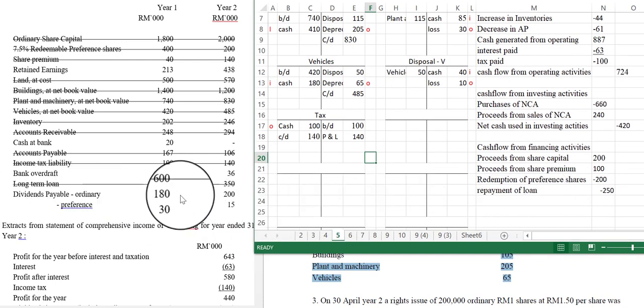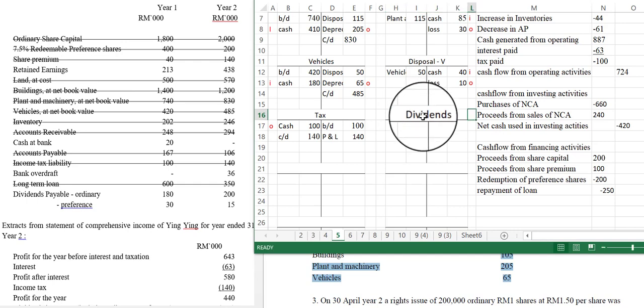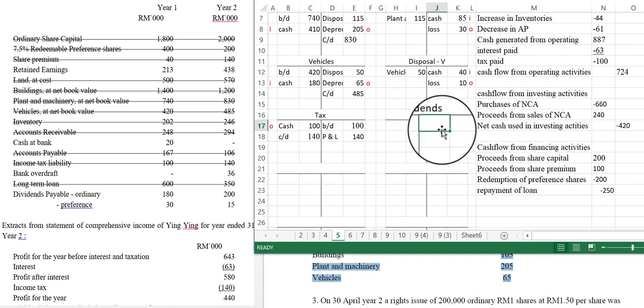Now you still have one dividend payable. We should open an account for it because it's a payables account. Now we'll combine the two, ordinary and preference. So BD will be 210, and your CD according to the question is 215.